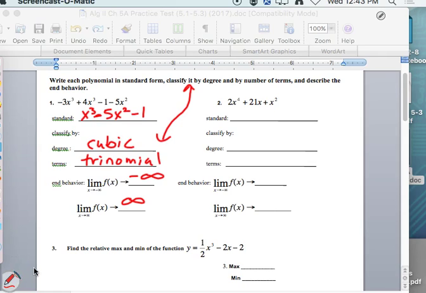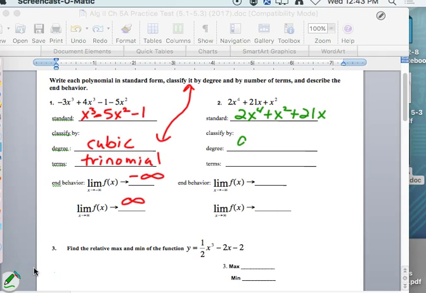All right, there's another one of these. Is that one already in standard form? What's wrong with it? They are out of order. Yeah, we have to have the highest power first, and then you work your way down by powers. So it should look like that when we're done. This one we can't define anything. So classify it by degree, it would be called a quartic.